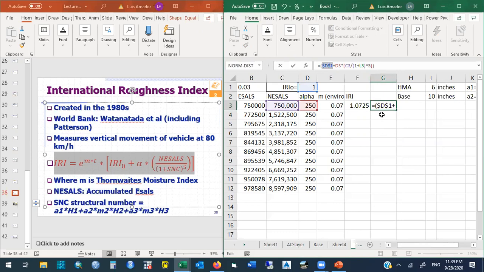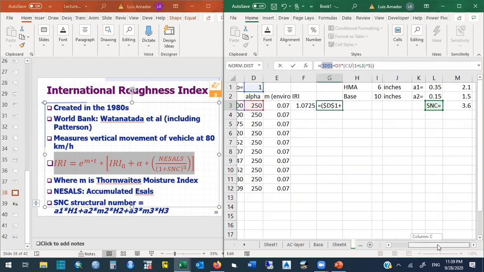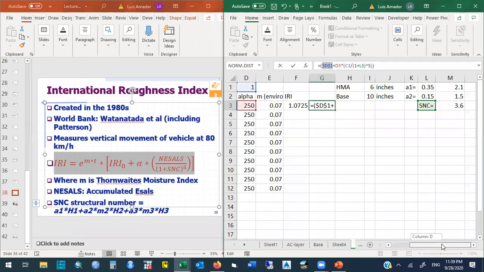But the alpha is the same, regardless we make it constant or we use that formula, so it's going to be the same. Is there anything else constant? The structural number? Is 1 plus that. Okay.